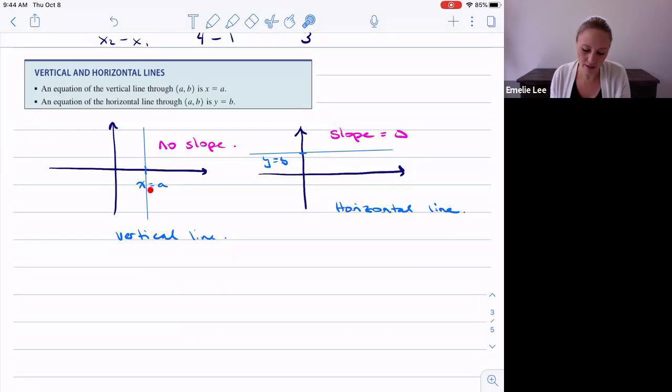Whereas here, if there's no run, then the rise can be as large as you want, right? You can pick any value here, and the rise can be anything. But the run is 0, and we're not allowed to divide by 0. We can't divide by 0, and so we have no slope here. So that's important to keep in mind.